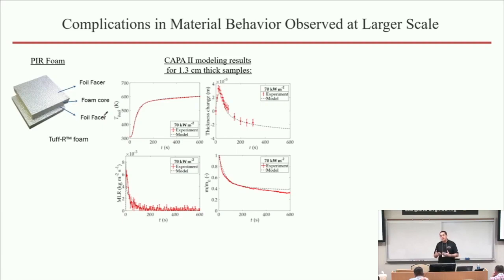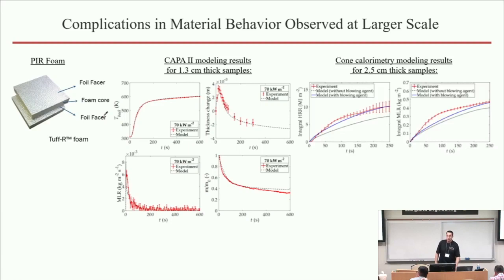The source of this discrepancy was revealed when, instead of taking a 1.3 centimeter thick sample and putting it in our kappa test, we took 2.5 centimeter thick samples and put them in a cone calorimeter, okay? The difference is thickness, right? So when we did that, we found that even at that scale, those thicker samples' heat release rate was considerably larger than what we predicted by the model.